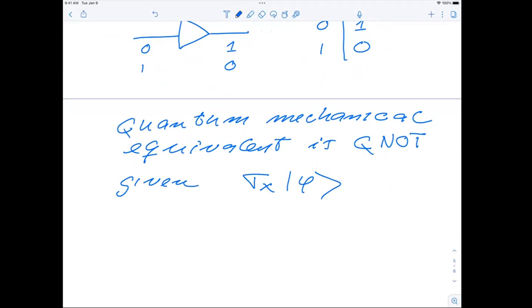This is extremely useful for us as we move on and study more complicated systems. So you will see the definition of the classical NOT gate in terms of the sigma x matrices.